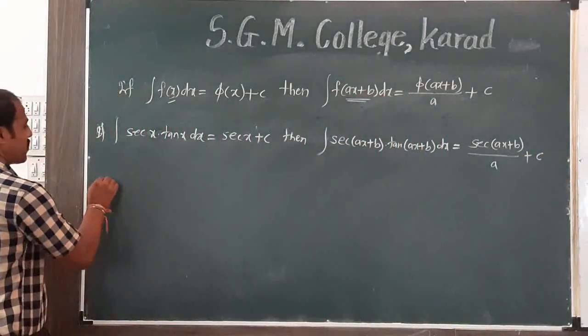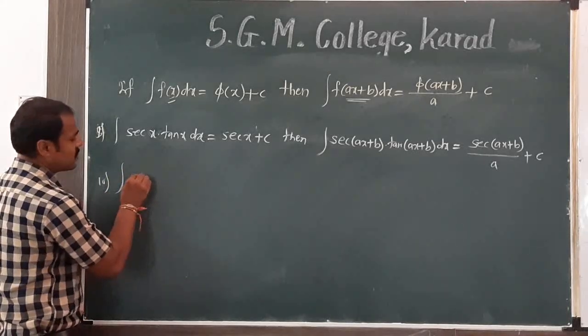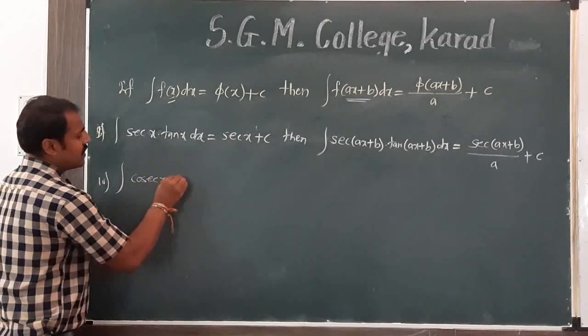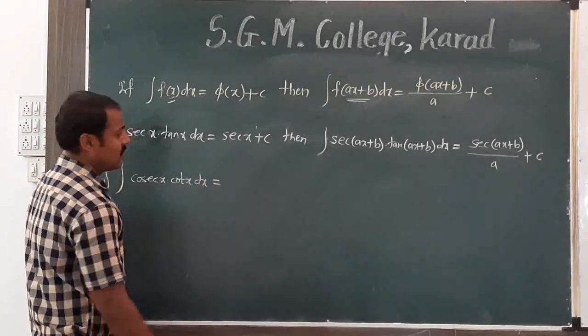Yes, next formula for integration of cosec x into cot x. Integration of cosec x into cot x dx is equal to minus cosec x.